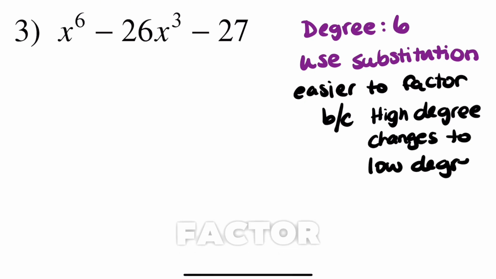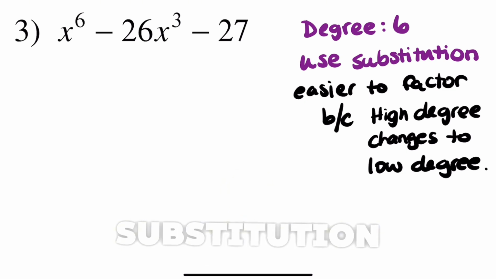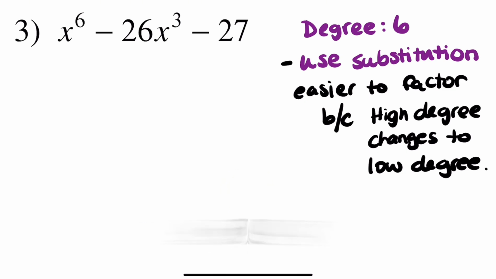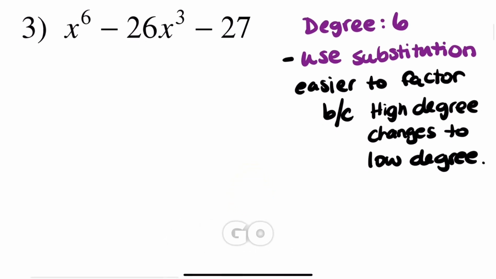And you know how to factor low degree polynomials already. You know how to factor third power. You know how to factor second power. So when you see us do the substitution, you're going to see, oh, I actually know what to do after a certain step, okay? All right, so let's go ahead and use substitution.